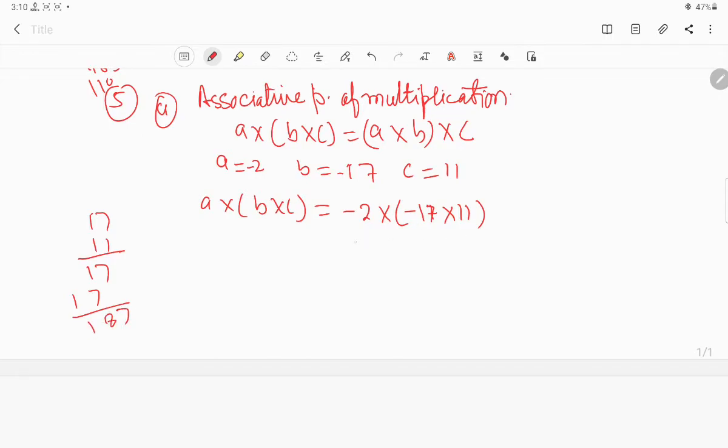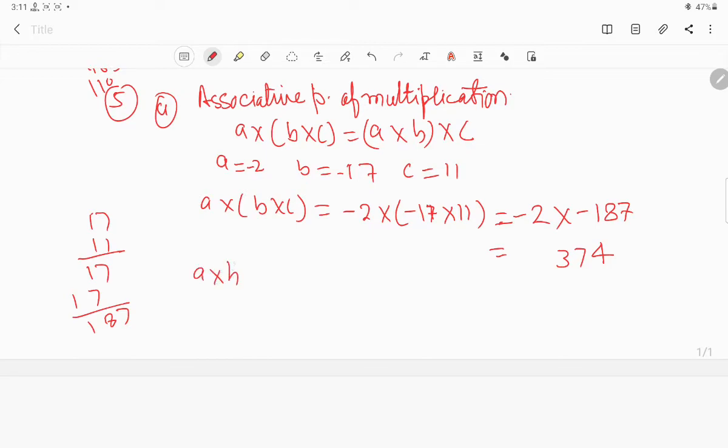This is coming -2 into -187. Now multiply again, 2 into 7, 14, 4, 16, 1, 17, and 2 1 ja 2 and 1 3, plus 374 coming. And you multiply the other way.